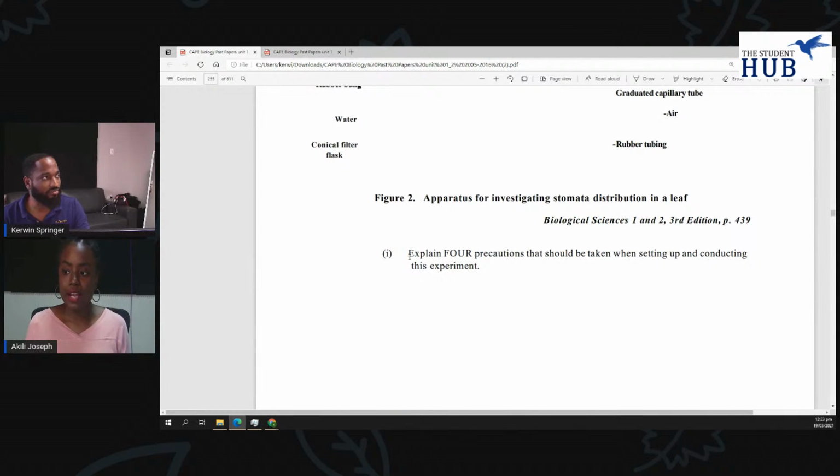The only caution I would give for this question is that they said explain 4 precautions and not list 4 precautions. So I always advise students that at the back of your syllabus is a glossary. And that glossary usually has your examining words, whether they say discuss, explain, outline, compare, or differentiate.